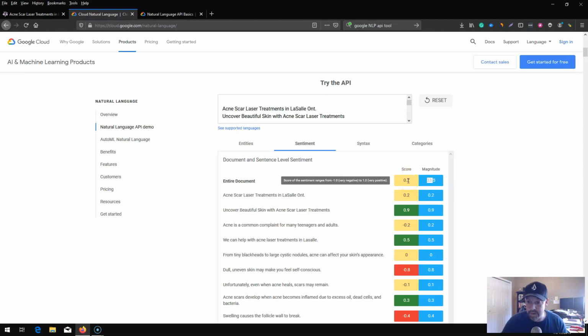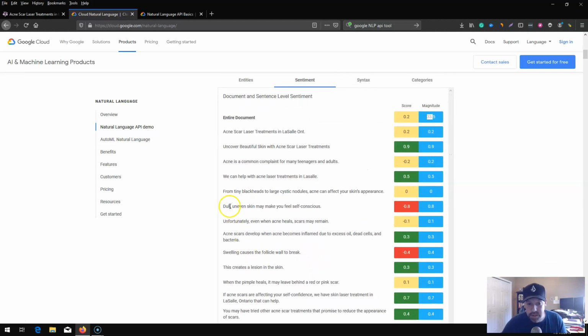If I've explained that clearly, the score goes from negative one, which is the most negative, to a pure one, which is the most positive. But then the magnitude here is how much emotional sentiment you've put behind either that positive or negative copy, or what you're talking about.